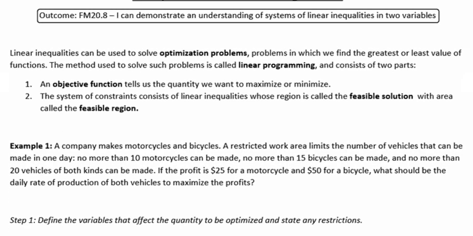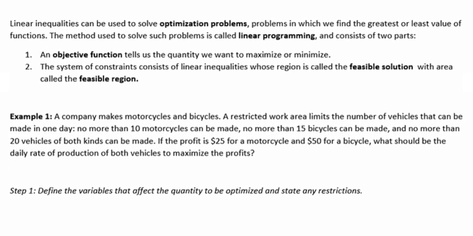So step 1, define the variables that affect the quantity to be optimized and state any restrictions. So these are our let statements. Let X be the number of motorcycles, and let Y be the number of bicycles.